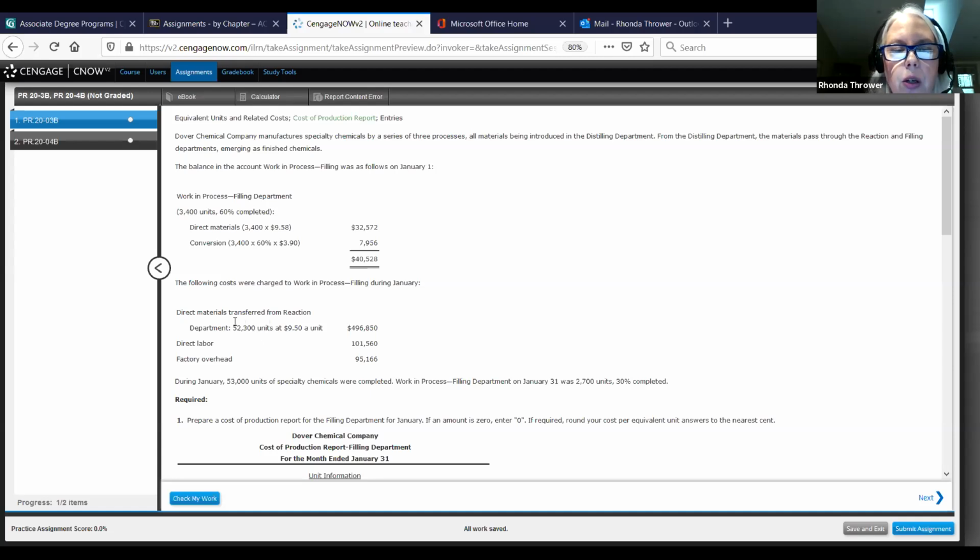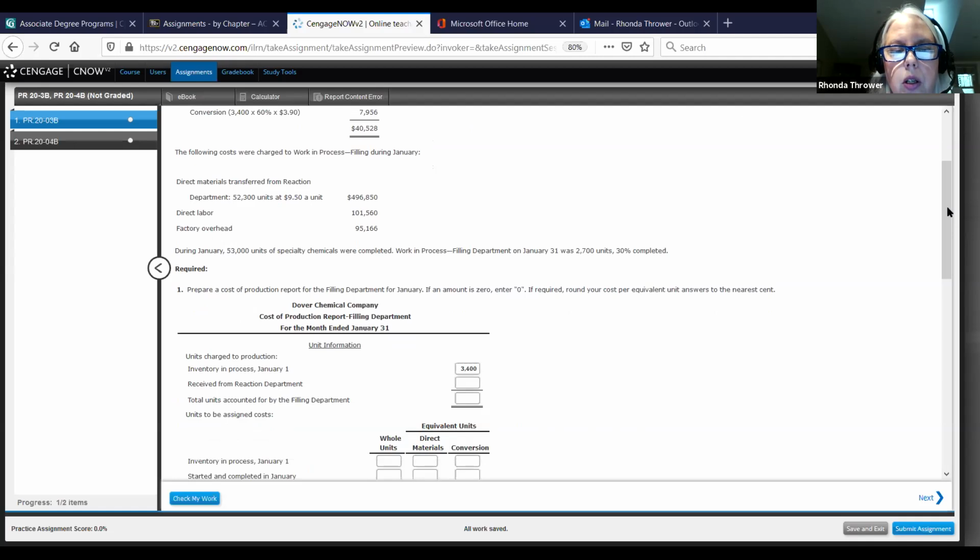The amount of units that we received from the reaction department were 52,300. Again, that was the given information that they gave you right here.